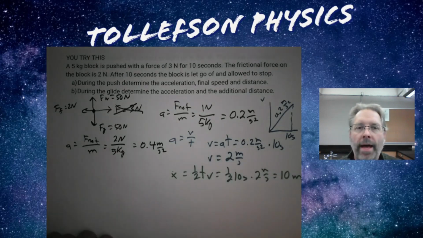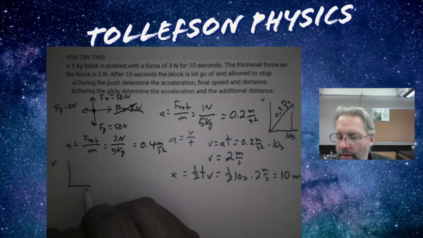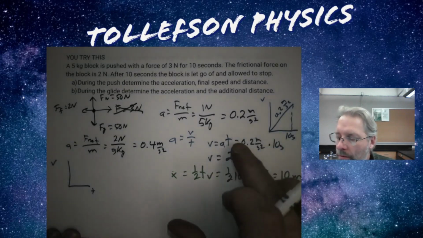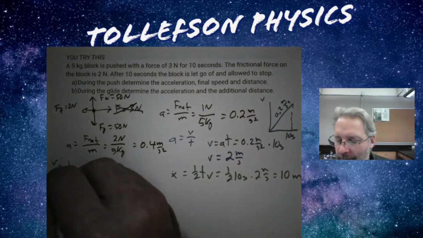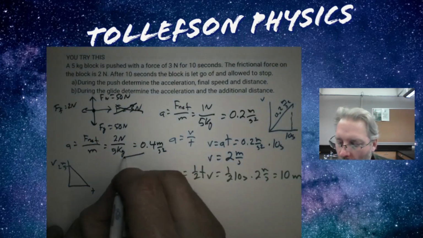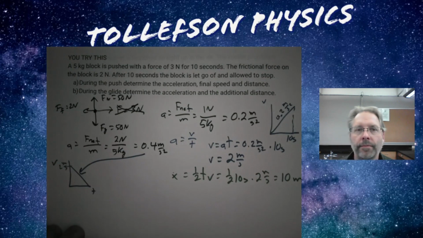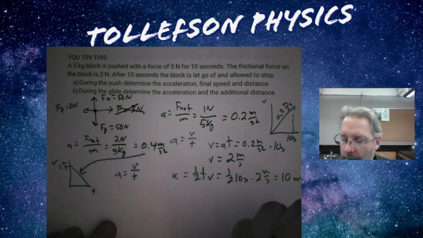All right, so then we want to know how much further it's going to go. So let's go new velocity time graph. We'll just squeeze it in over here, I guess. Velocity time. We know, where did I put it? Right there, the velocity is 2 meters per second, so we can start there, 2 meters per second, and then it's going to stop. We know the slope, right there, is 0.4. So let's go ahead and use the slope to figure things out. So slope is acceleration, rise over run.